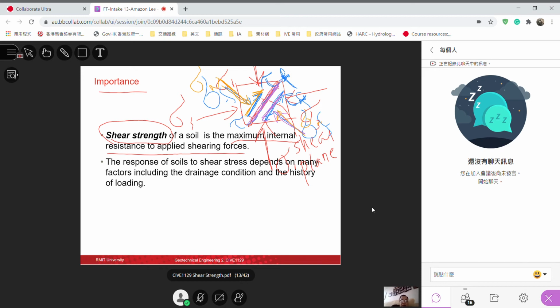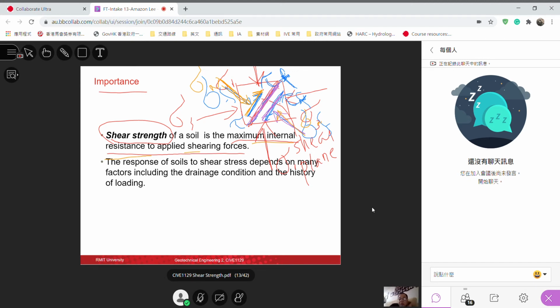So shear strength is the shear resistance developed along the soil particles, which is the maximum internal resistance to the applied shear force.